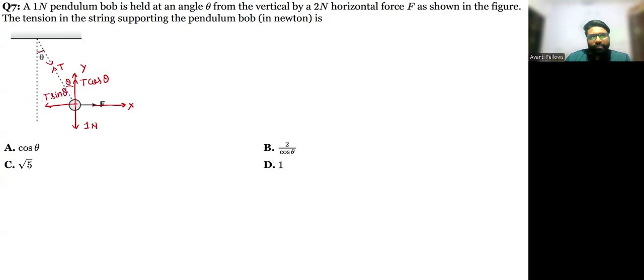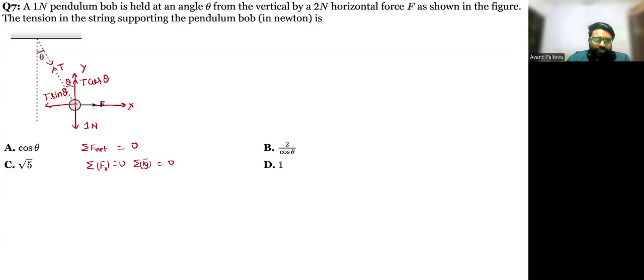Now, if this pendulum is held here, which means it's not moving, we can say that the net force is equal to 0. Sigma Fx is 0 and sigma Fy is 0.